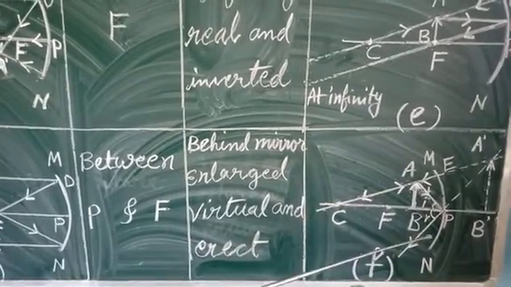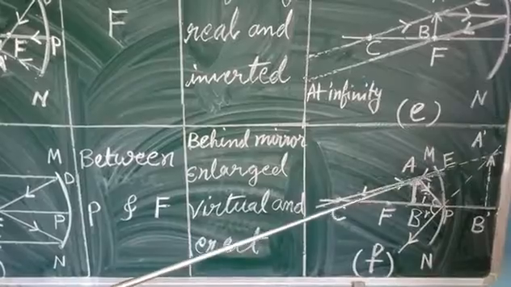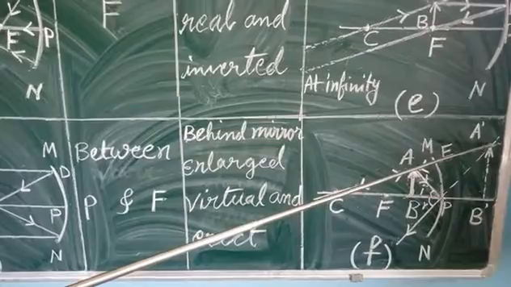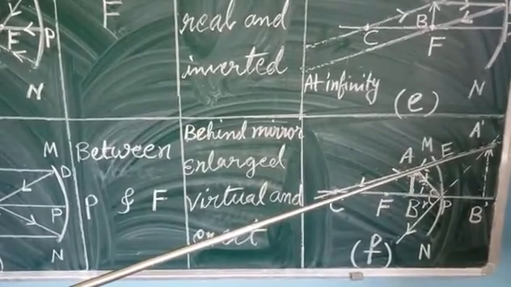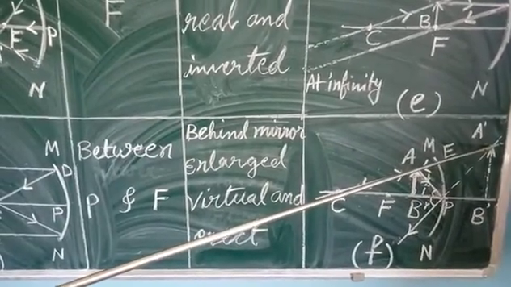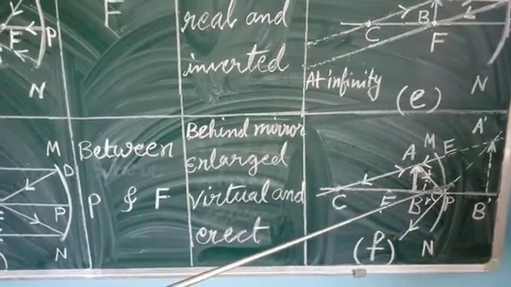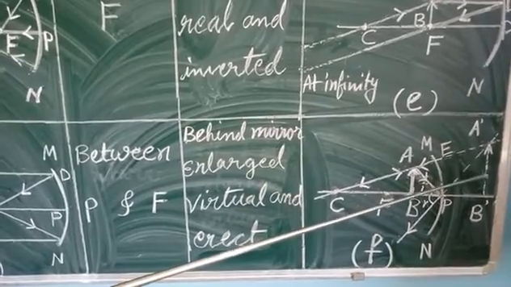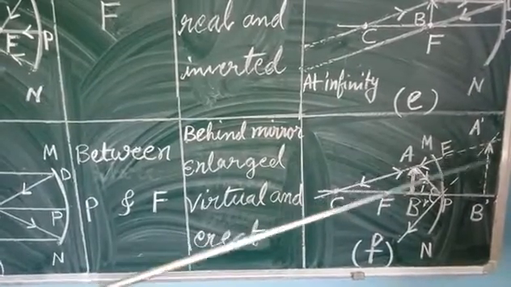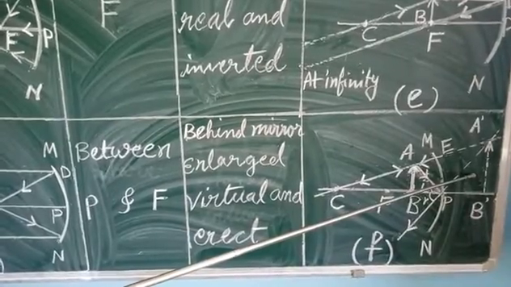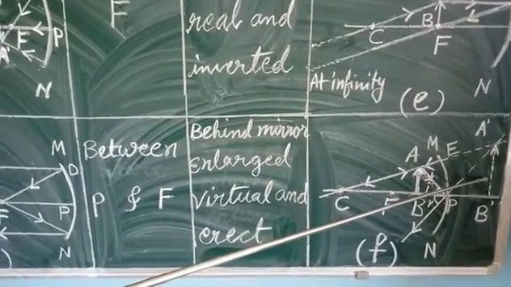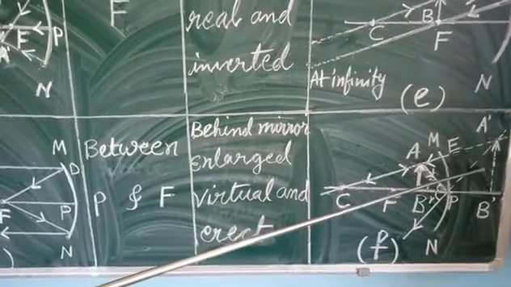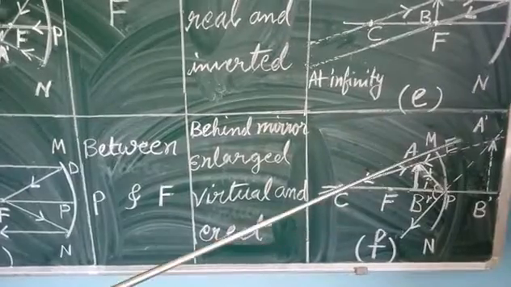Here both the reflected rays appear to come from a point where they intersect. So, at the point of intersection, the image is formed at the back of the concave mirror, and the size of the image is very large. Okay, and the nature of the image is virtual and erect. Virtual means it is not real.